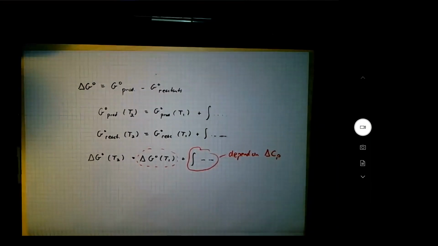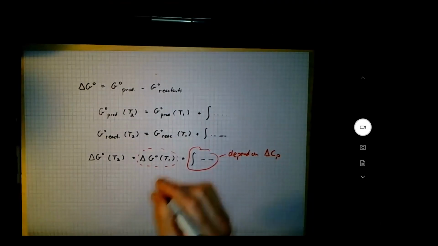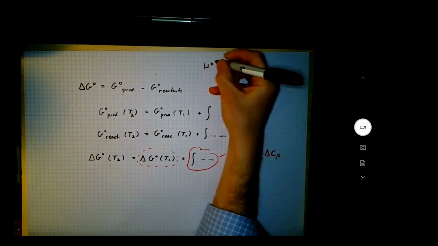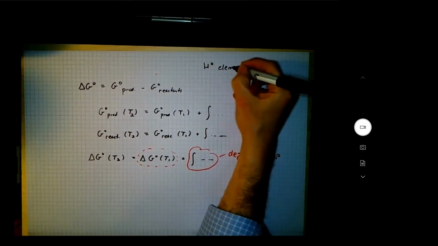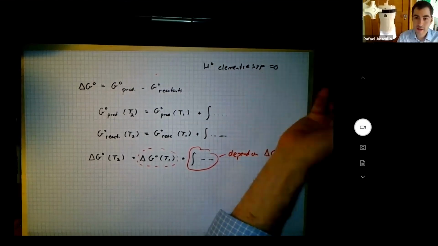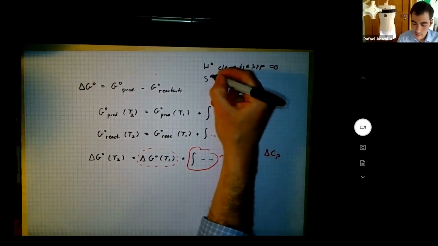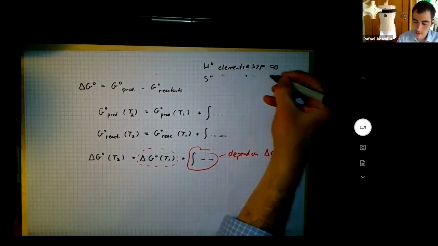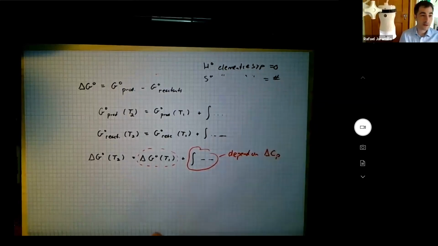If a problem is just happening at standard temperature, can you then just use the standard Gibbs values? And you wouldn't need to integrate in that case? Yes, indeed. H naught for elements at standard temperature and pressure is defined as 0. S naught for elements at standard temperature and pressure is a number, often in the back of the Hoff.